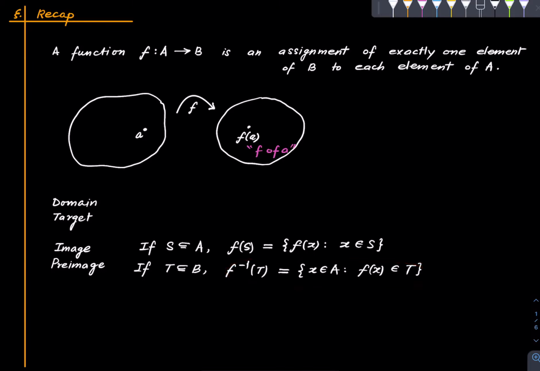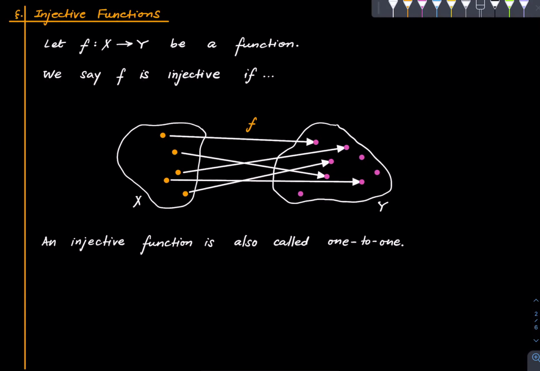Okay, so let's continue. Injective functions. Suppose we have a map f from a set X to a set Y. Then we say that f is injective if f(x) equals f(x') implies x equals x'.